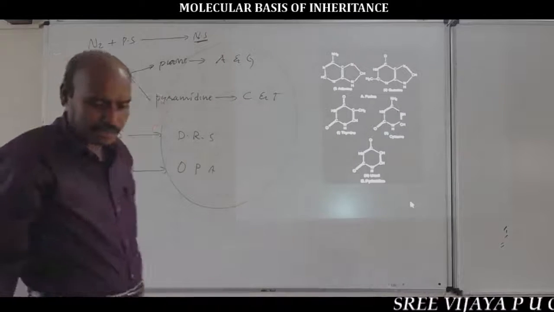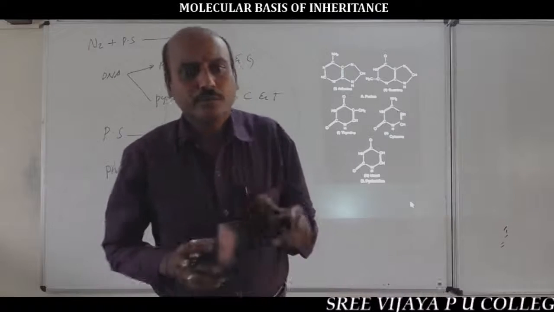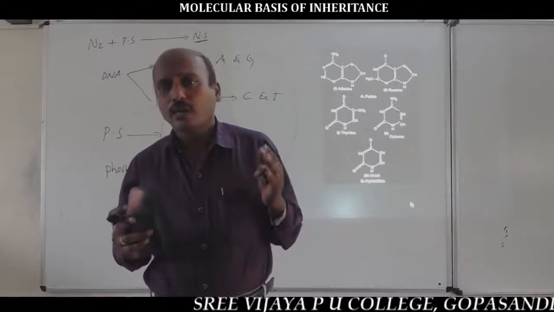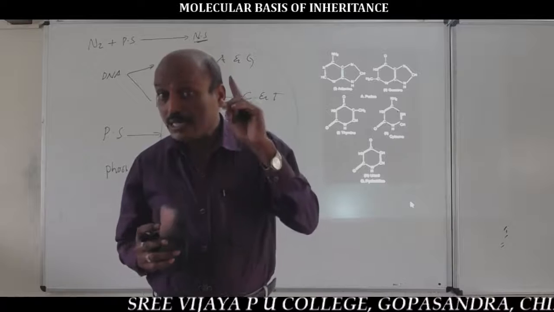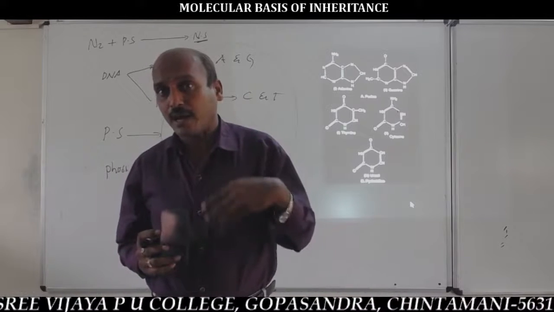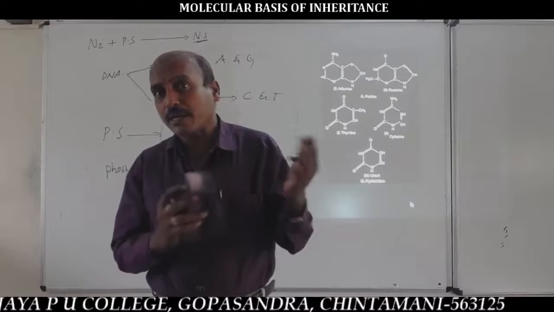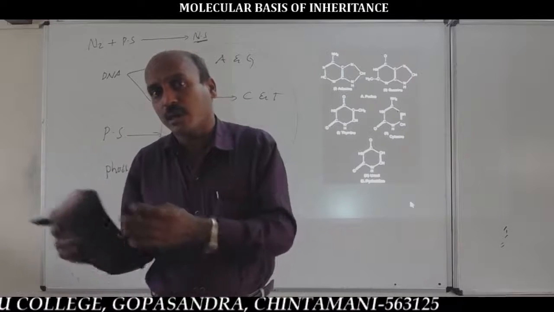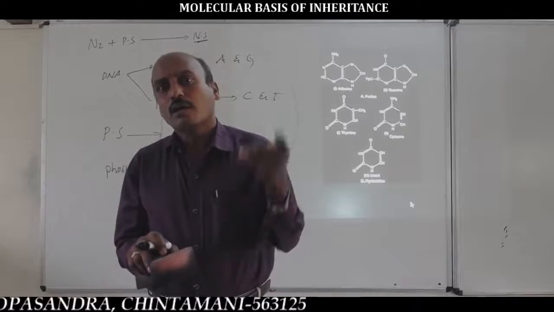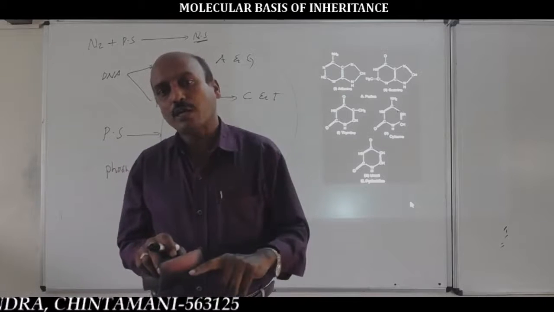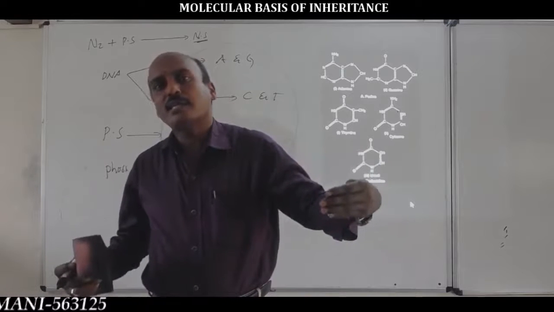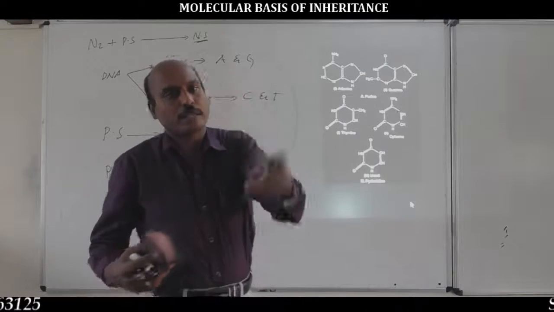One more expected question: what is nucleoside? It is the combination of a nitrogen base, either purine or pyrimidine, that means any one of adenine, guanine, cytosine or thymine, which combines with pentose sugar through a glycosidic bond, resulting in the formation of a nucleoside.